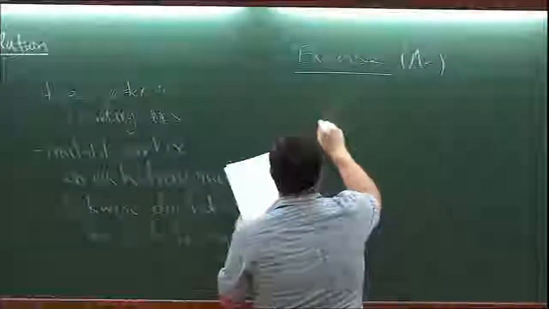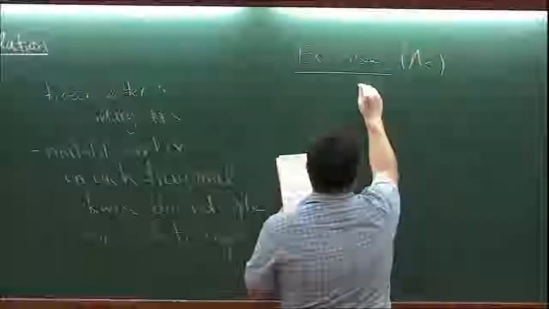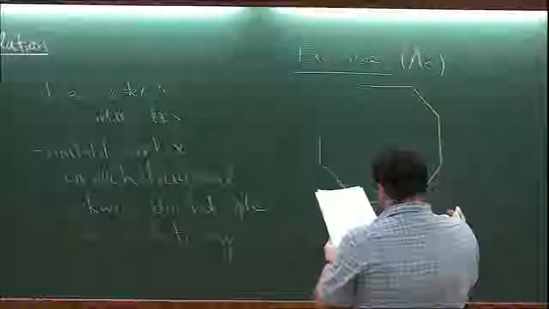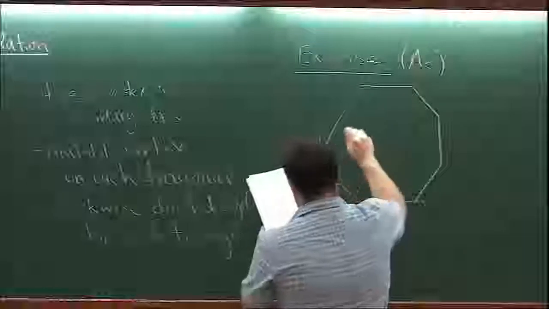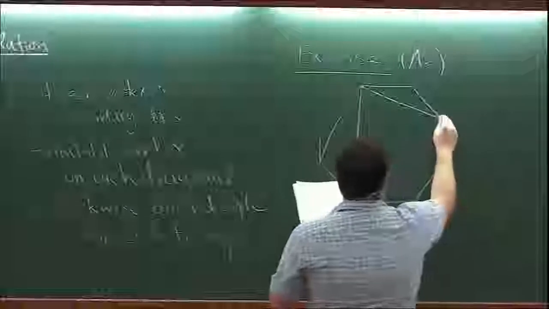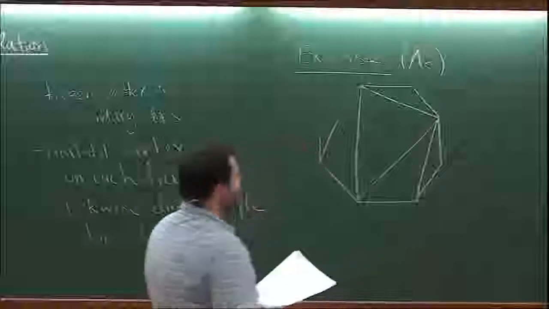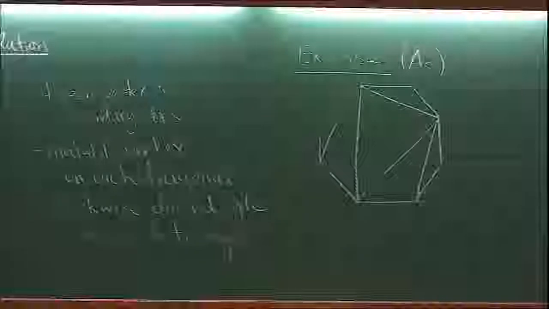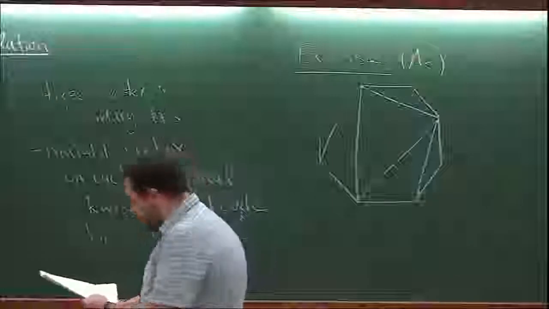So for A5, I get an octagon. And let's draw some triangulation of the octagon. Okay. So now this is split into a bunch of triangles. And maybe the first thing to do is pick any diagonal that you want.